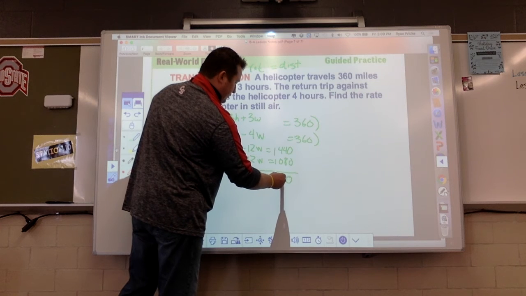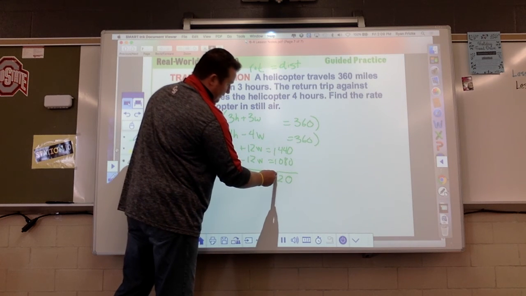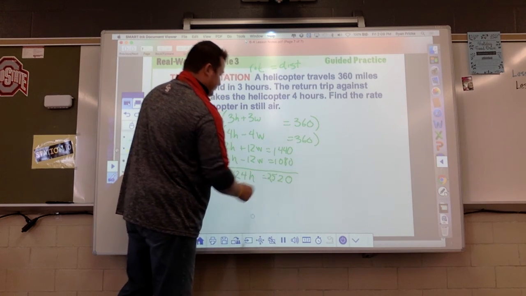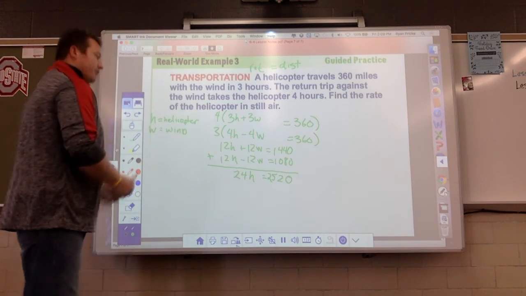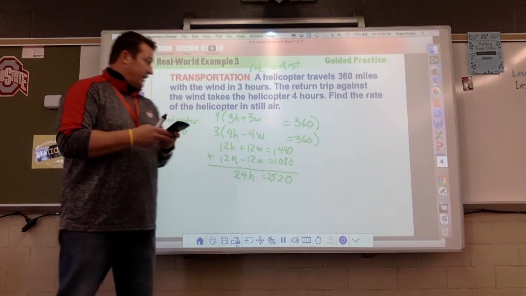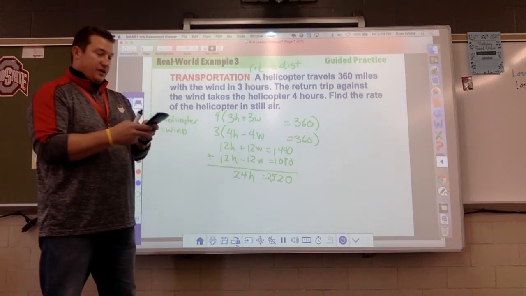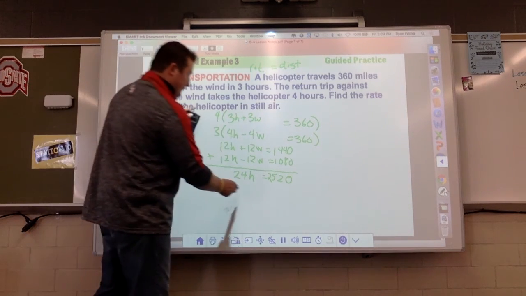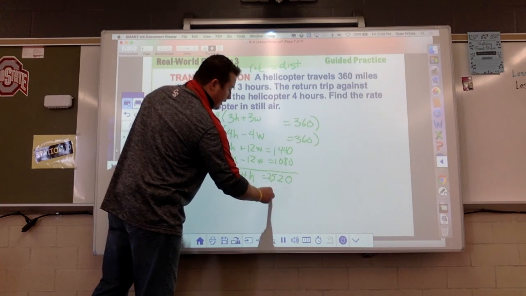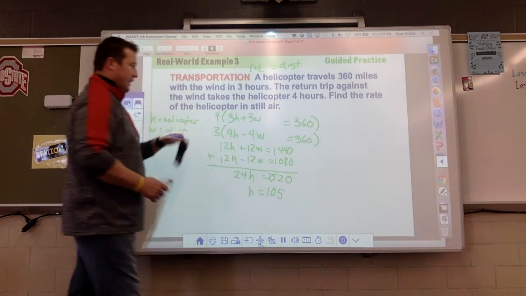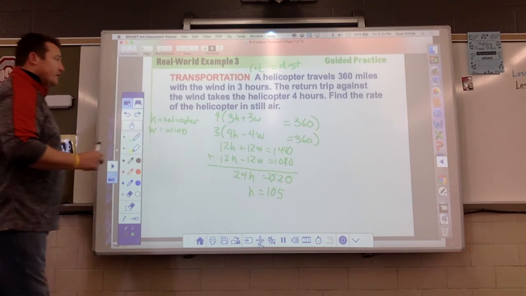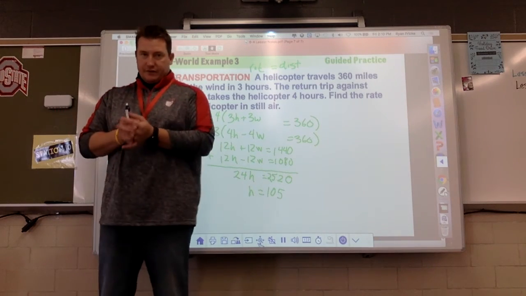So that'll be a 0 and a 2 and a 5 and another 2. Okay? Hopefully. Who's to say that I really even added that right? I don't know. Anyway, then we just got to divide it by 24. I get 105 when I do that. H equals 105. Okay, there you go. There is your speed of the helicopter.